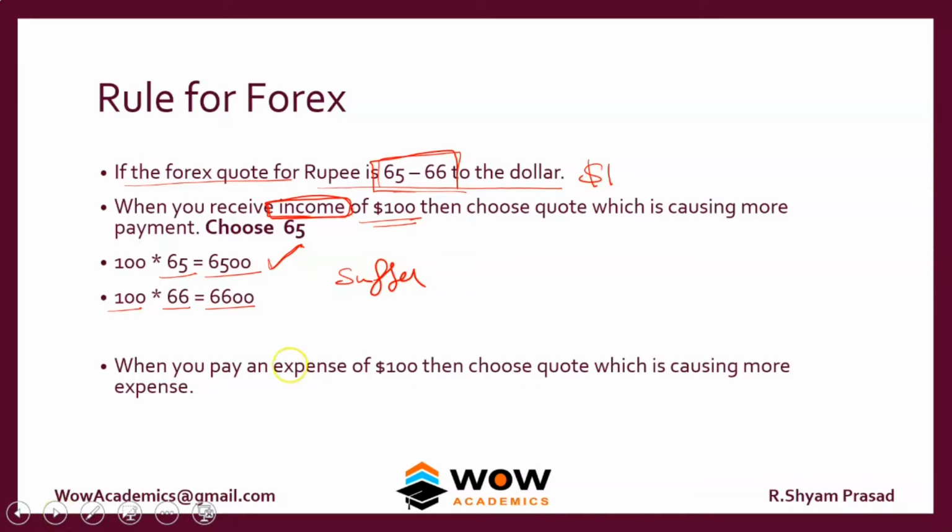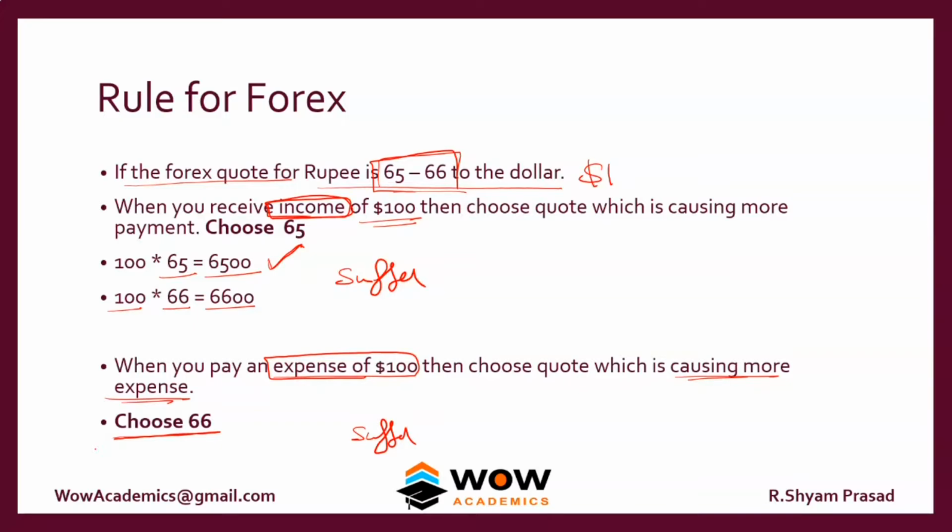The next rule is when you have an expense to pay of $100, which quote are you going to use? You have to choose the quote which makes you pay a lot of money. So again, you have to suffer. For example, if you are given a choice to pay 6,500 or 6,600, which one do you suffer a lot? 6,600. So you have to choose 66. It's not about you choosing, it's about the bank offering you. Whenever you give them $100, they will give you 6,500.